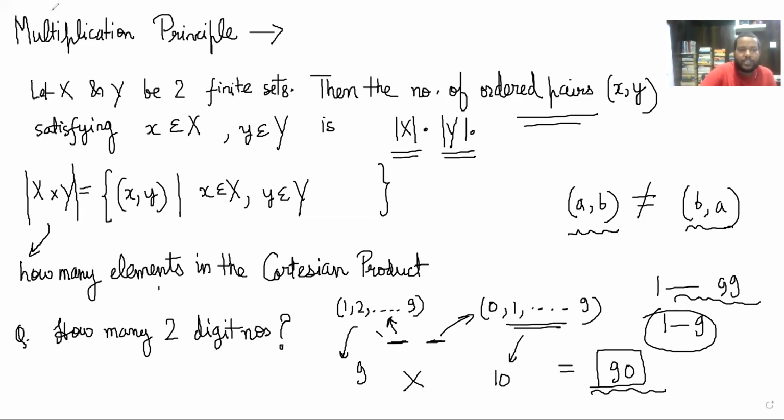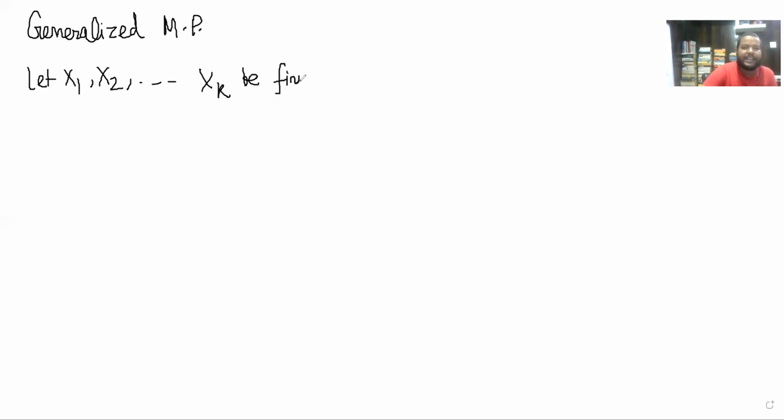Let's look towards generalizing this multiplication principle, the generalized multiplication principle. So here, what we will construct is a k-tuple. What do we mean by that? Let X1, X2, up to Xk be finite sets, meaning the number of elements is finite.